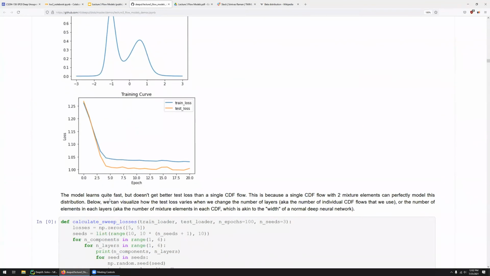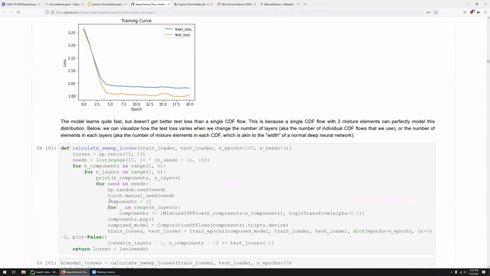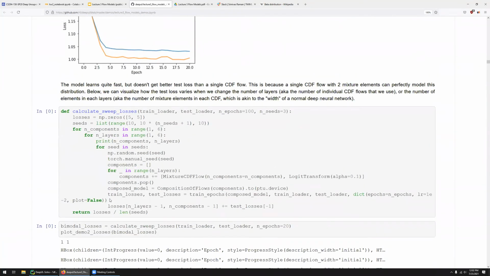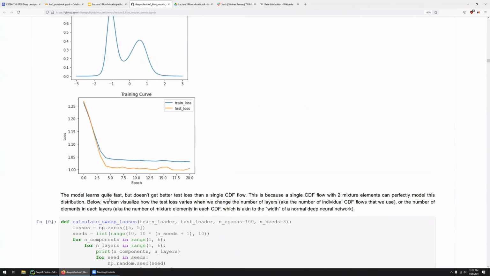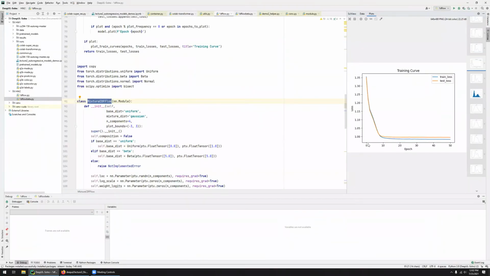Oh, okay. So it's less overfit, right? And if you see the test loss, it's much lower. Oh, okay. Yeah, that's a good point.